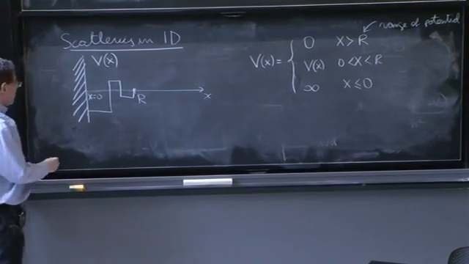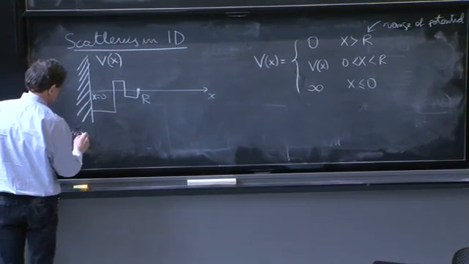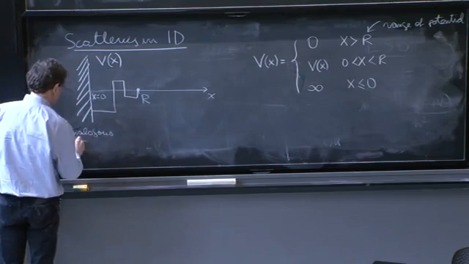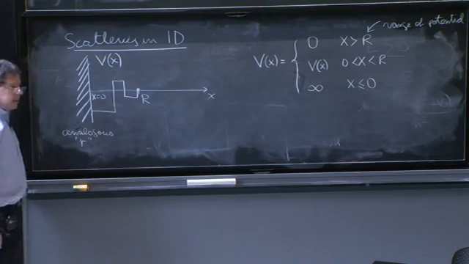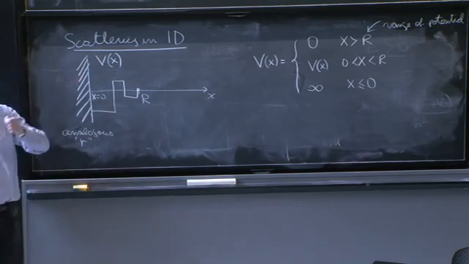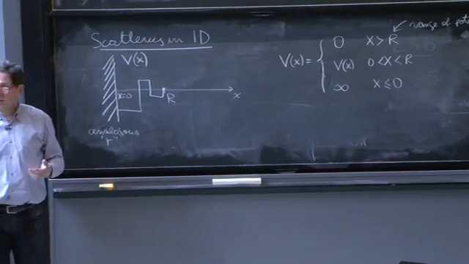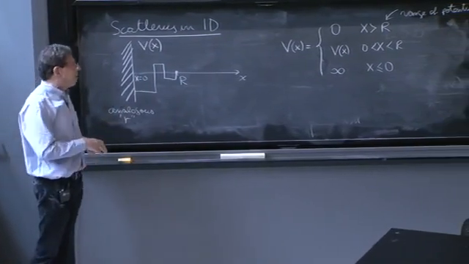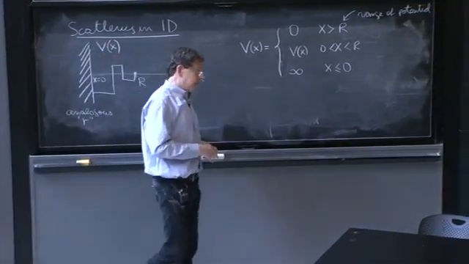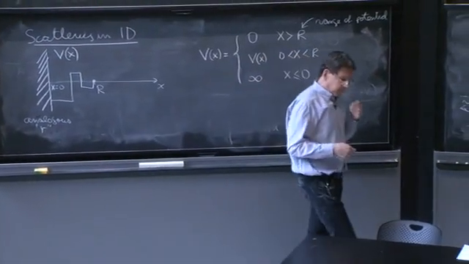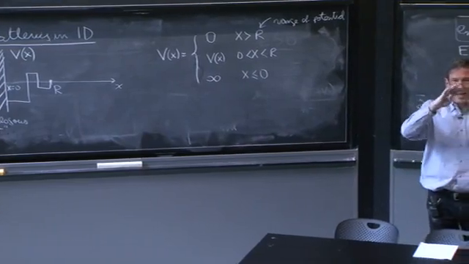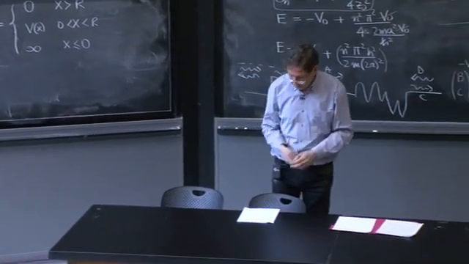And this is analogous to r, the variable r in radial coordinates, for which the radial distance is never negative. So in fact, what we'll do here has immediate applications when we will consider, not in this course, scattering in 3 dimensions.